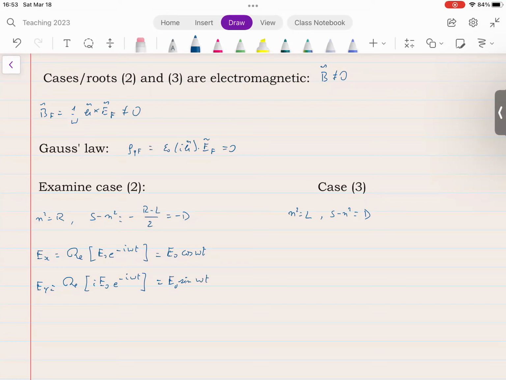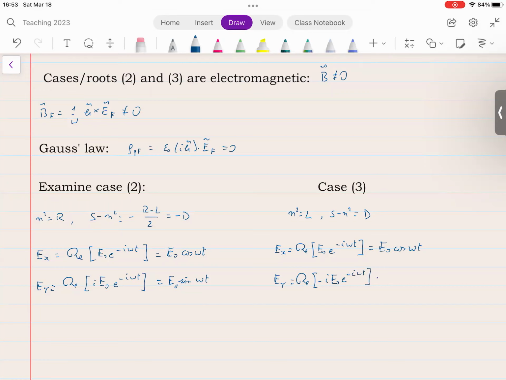While in this case, I'm going to have the Ex is the same. That corresponds to E0 cosine of omega t. And Ey is going to be almost the same, but I have a minus sign. So it's going to be minus i E0 e to the minus i omega t.